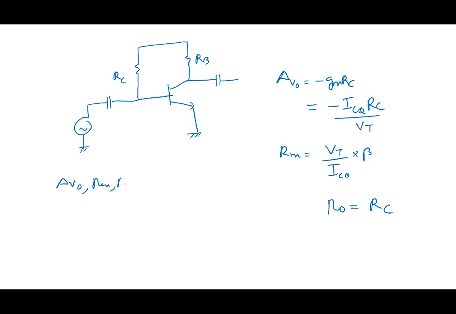If you look at these quantities, AV0, Rn, R0, maybe not R0, but at least AV0 and Rn, in general the transistor characteristics are affected by ICQ, which we call the bias current, the DC bias current.